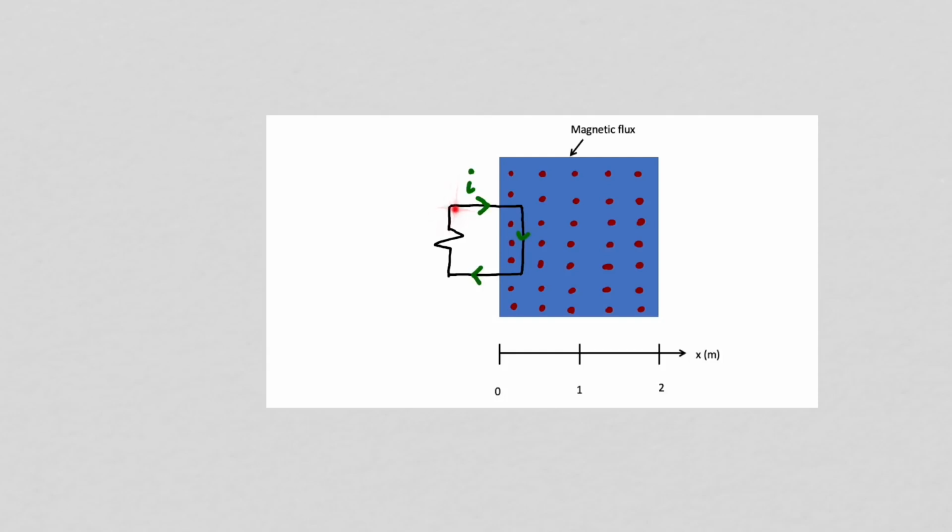So if we have a current flowing clockwise, then the induced magnetic flux will be into the page inside our circuit. As the circuit moves into the magnetic field region, we will have an induced clockwise current flowing in our circuit.